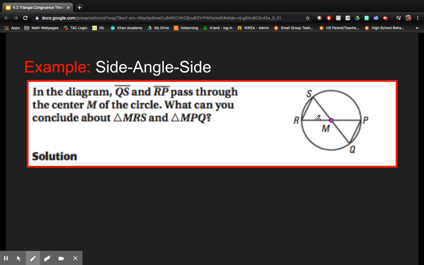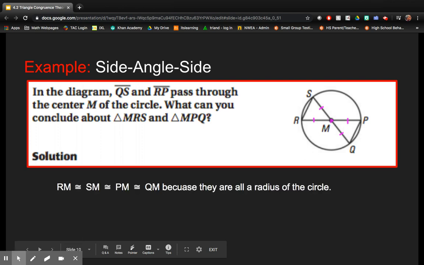Well, the first thing I note here is that RM, SM, QM, and PM are all a radius of this circle, meaning they are all congruent to each other. This is going to be very helpful because now I can say that RM is congruent to QM when I begin comparing these two triangles.